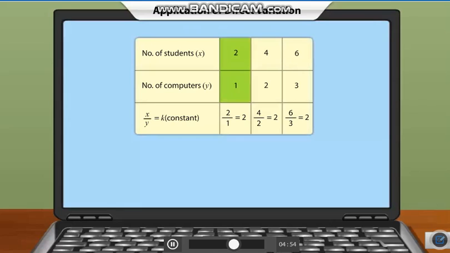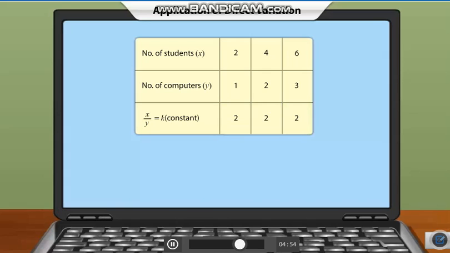If we take the ratio of x to y, we see that it is a constant. In this case, 2. If y increases in such a way that the ratio of x and y remains constant, we say that x and y are in direct proportion or variation.